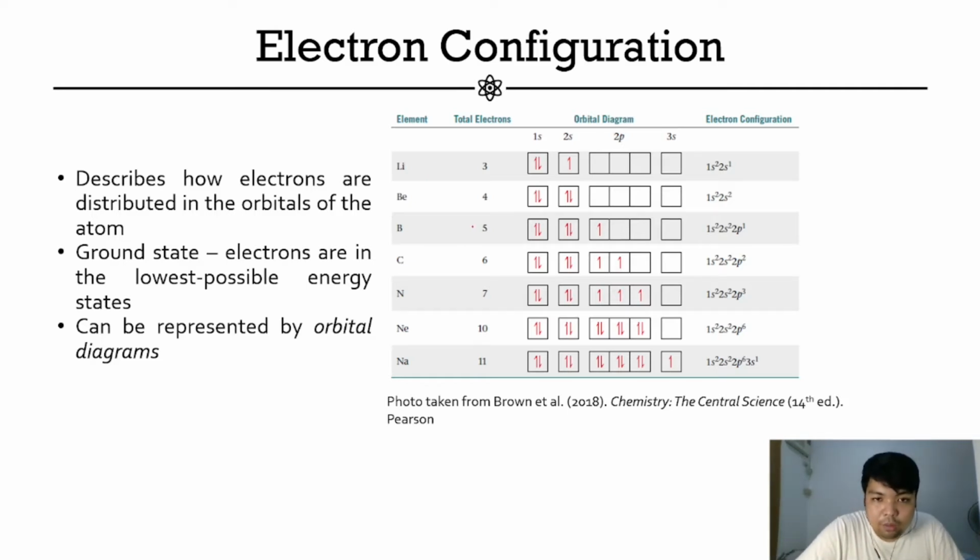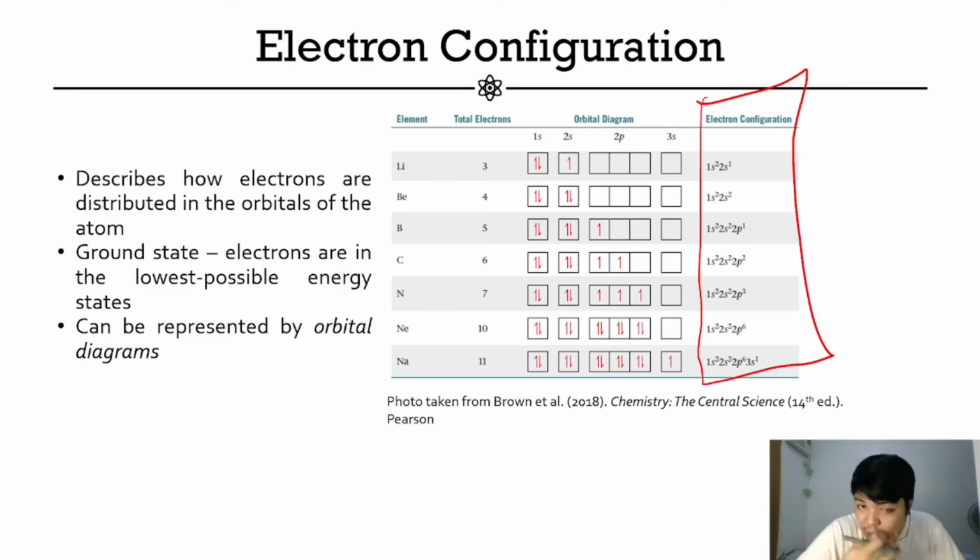Now, let me draw your attention to this part. This is the electron configuration of the representative atoms, and that is also indicated in the periodic table.